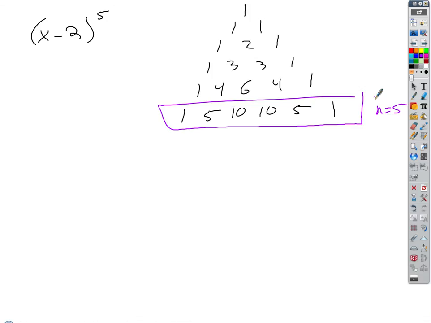And now we're essentially done. What do we get for our answer? What's our A in this case? A is X. Okay, Jonathan, what's our B? Negative 2. Good. So we're just going to get 1A to the 5th, right? Plus 5X to the 4th, what to the 1? Negative 2, right?